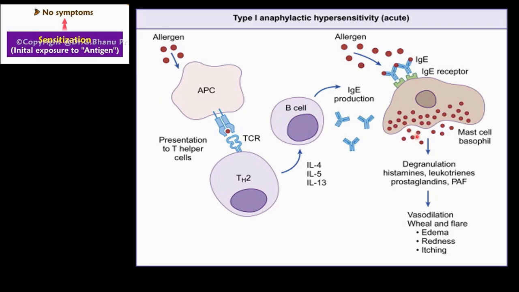This occurs very rapidly, and there is release of histamine, leukotriene, prostaglandins, leading to the symptoms. The patient becomes symptomatic. There is vasodilatation, wheal and flare, edema, redness, itching, and this re-exposure phase is presented in two phases. One is early phase, another is late phase.